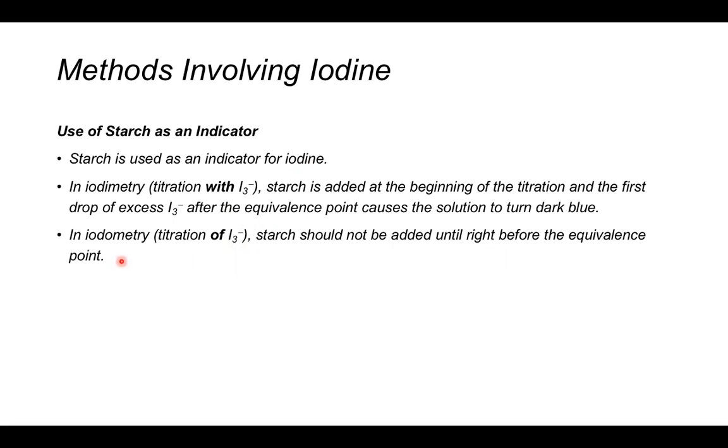The reason for this is because the starch triiodide complex is very strong, and it would outcompete the thiosulfate. So what would happen is if we added the starch initially, we would get an erroneous measurement, because the starch and the iodine would create a complex, and this would reduce the amount of iodine in solution.